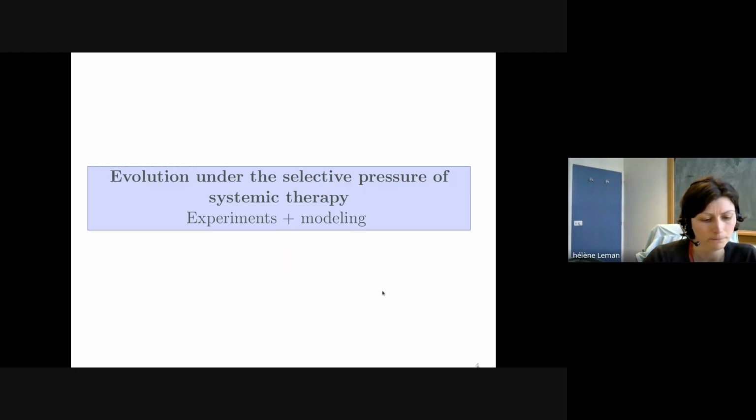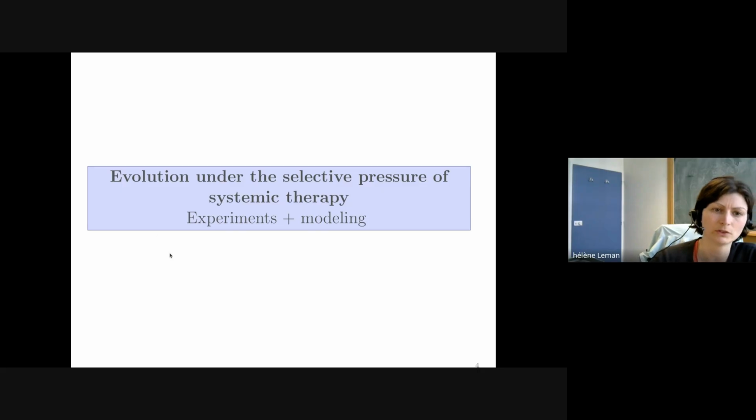I will now briefly present two small projects that we have in the team, and these two projects are more related to the second goal, the idea of optimizing the treatment strategy.